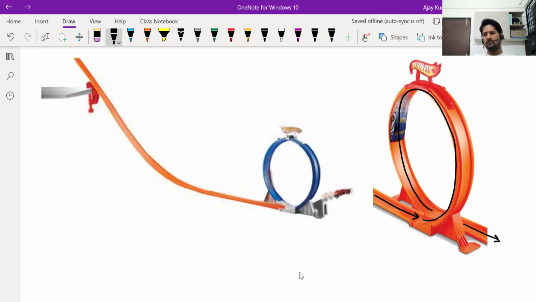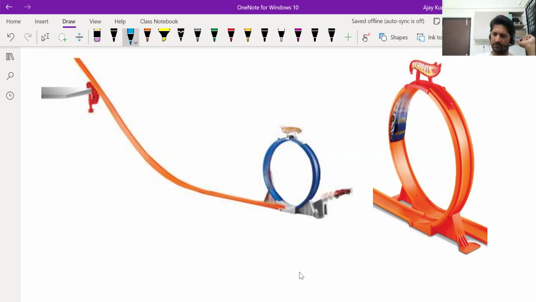Fine. Now, from everyday experience, you can tell, if you give the car only a small speed before it enters into the hoop, one of you tell me what will happen. Suppose the car is released from this position. It will only gain a little bit of velocity because only a small descent is there.